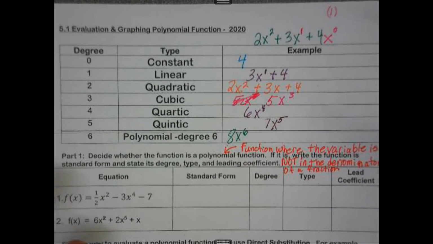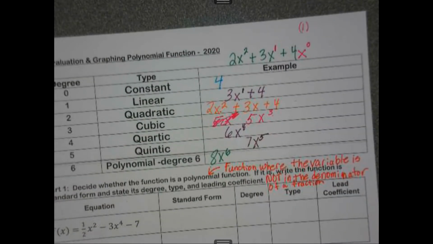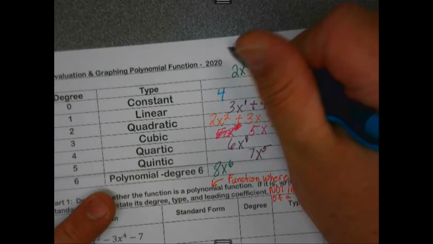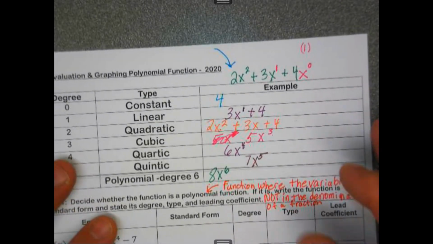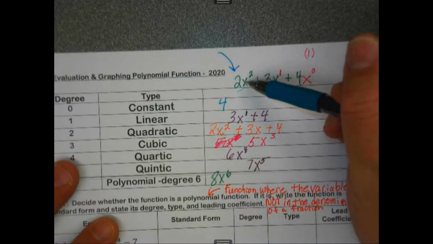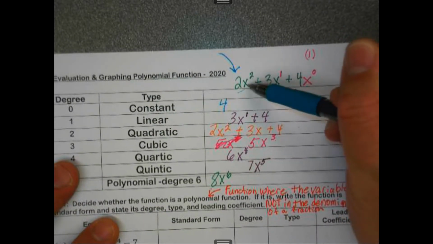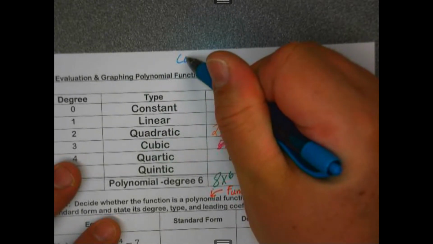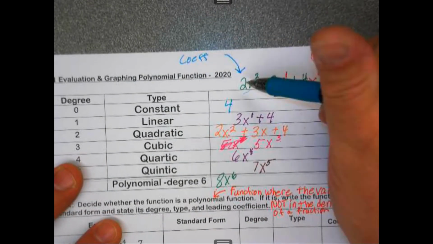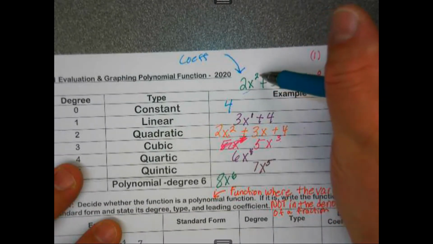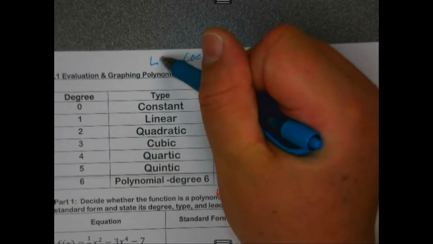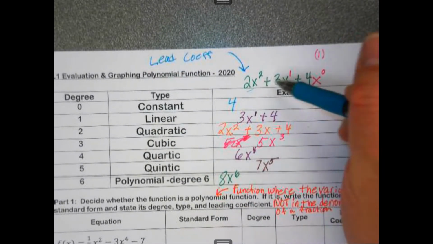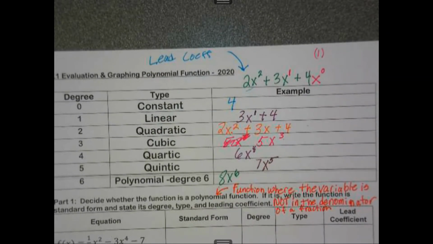Now, the leading coefficient is that coefficient of the highest degree of the variable. Remember, the coefficient is nothing more than the number being multiplied to the variable. So this would be the leading coefficient for this polynomial, 2.